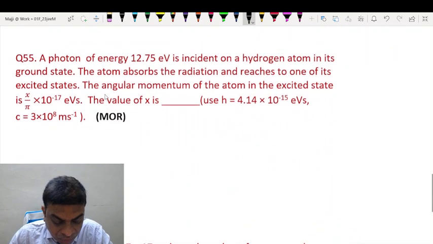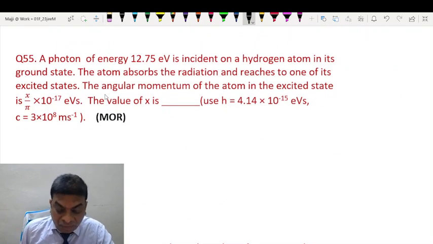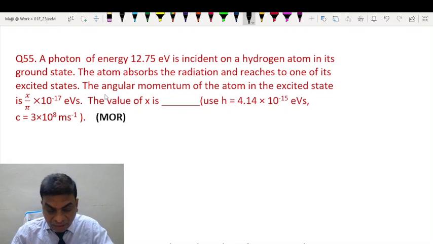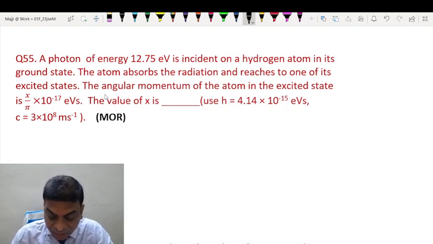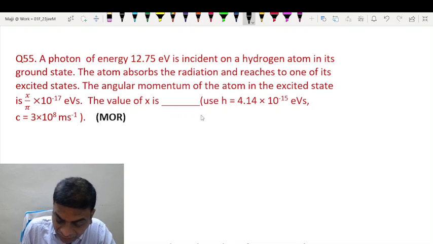Then moving to question 55. A photon of this much energy is incident on a hydrogen atom in its ground state. The atom absorbs the radiation and reaches one of its excited states. The angular momentum of the atom in the excited state. Now we all know that the angular momentum of an electron is n into h by 2 pi, and the value of h is already given.